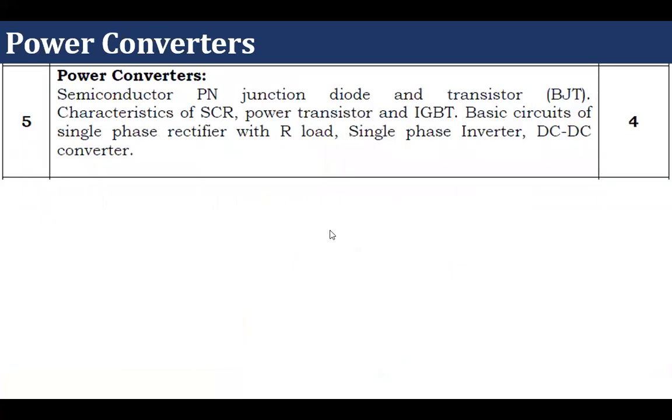Then the fifth unit is power converter. We know that all varieties of load we have in our household appliances. For example, TV needs a different type of supply because nowadays LED TV is available.